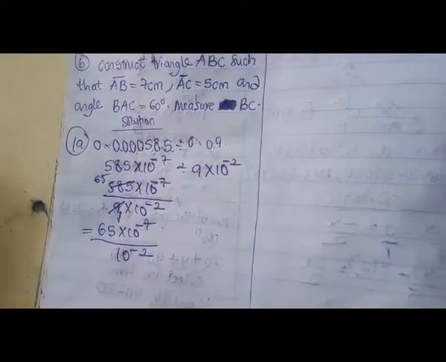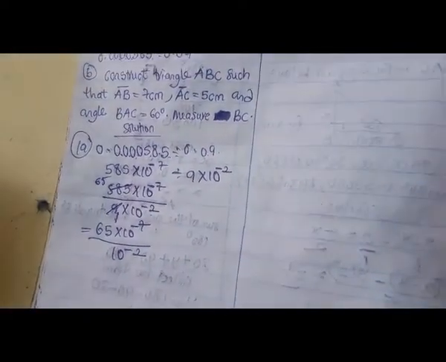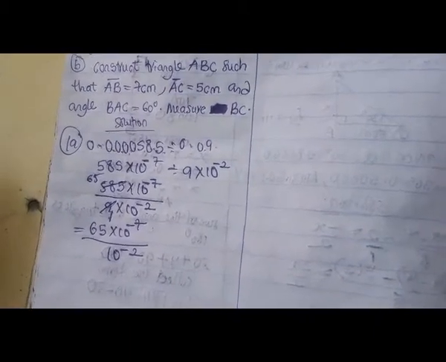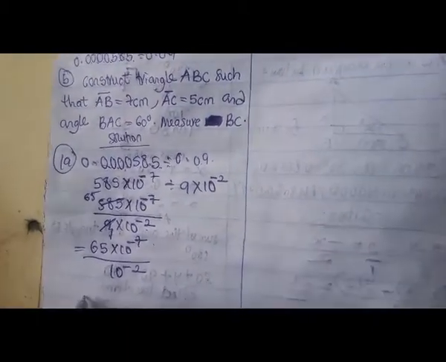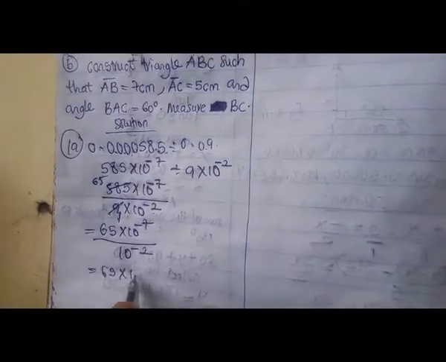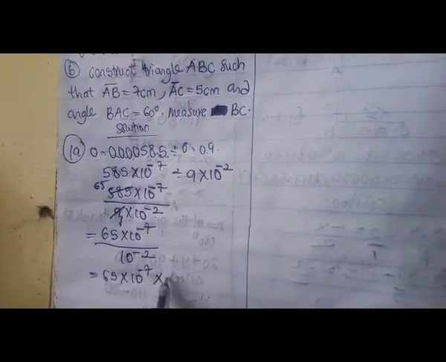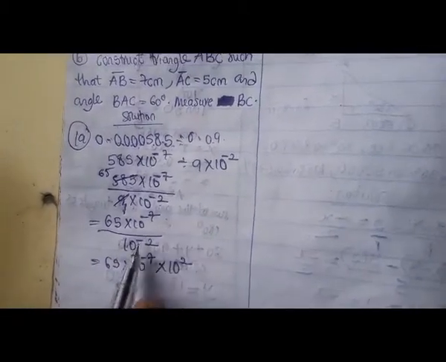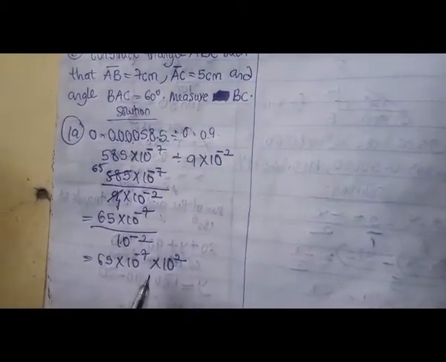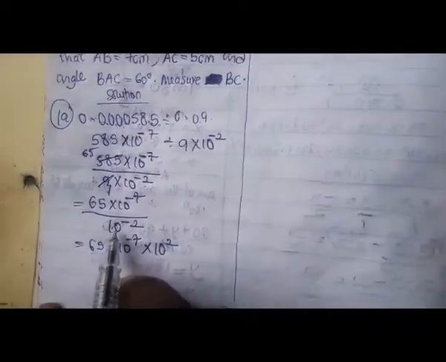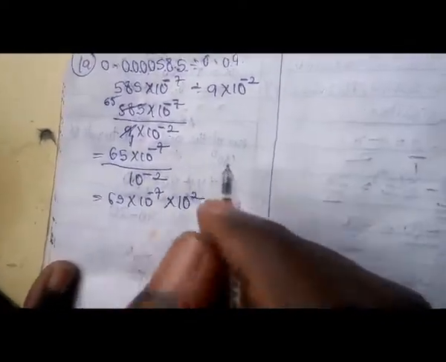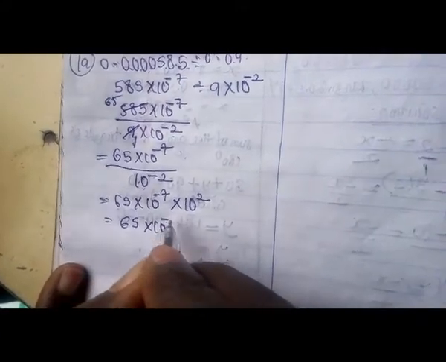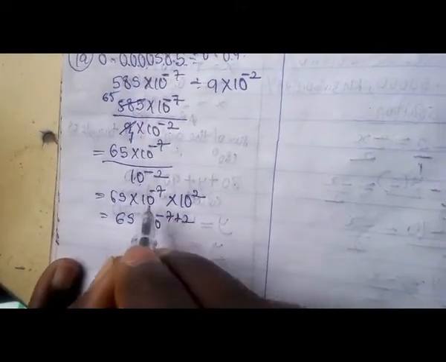So we are going to bring this 10 raised to power minus 2 to the numerator. Once we bring it to the numerator, the negative sign will be removed. So it becomes 65 times 10 raised to power minus 7 times 10 raised to power 2. So it becomes 65 times 10 raised to power minus 7 plus 2.